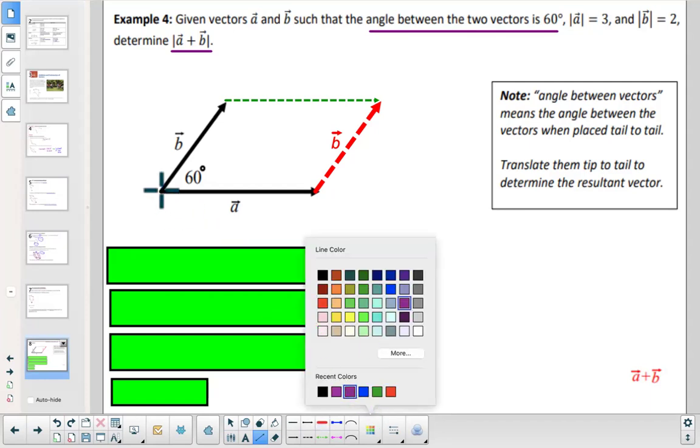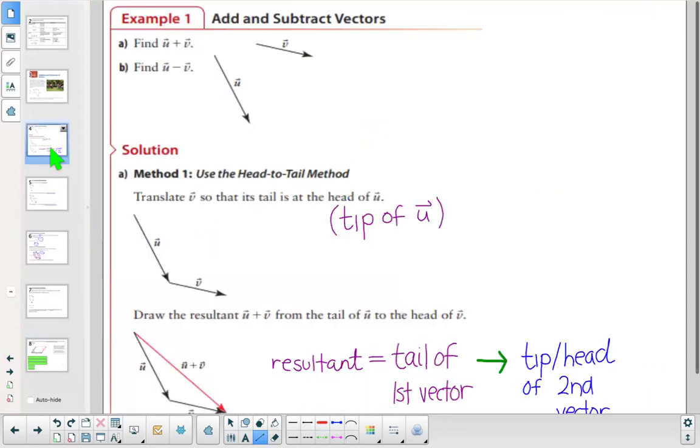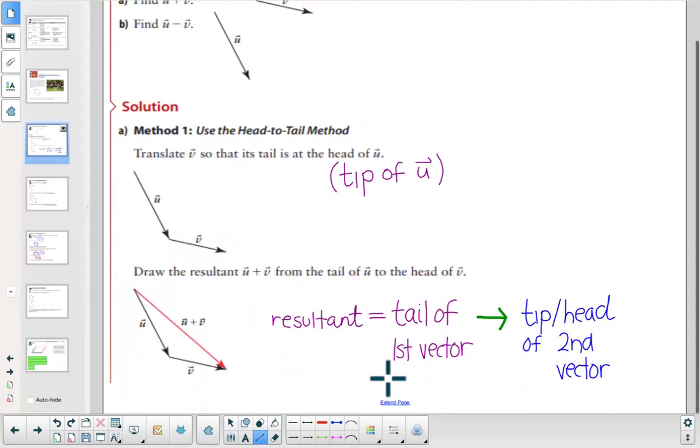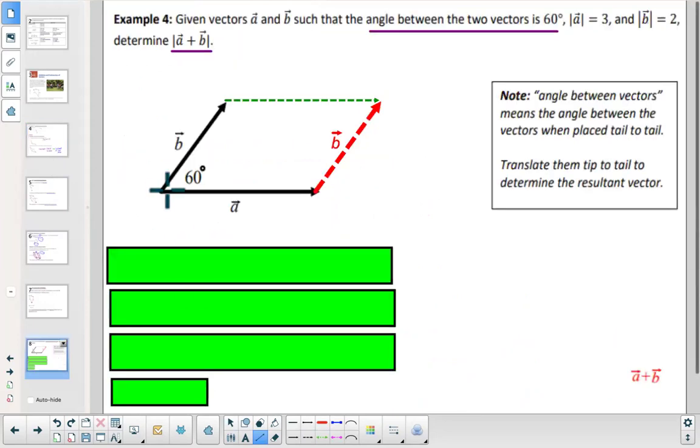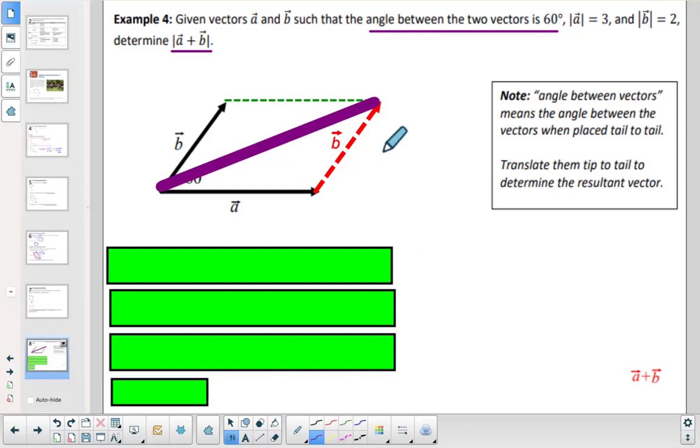If I go back to the formula I wrote before, we draw the resultant from the tail of the first vector to the tip of the second vector. So now that I've transposed my vectors, I start at the tail of the first vector and move to the tip of my second vector. I'm going to draw a little arrow to match, and this is going to be my resultant vector.